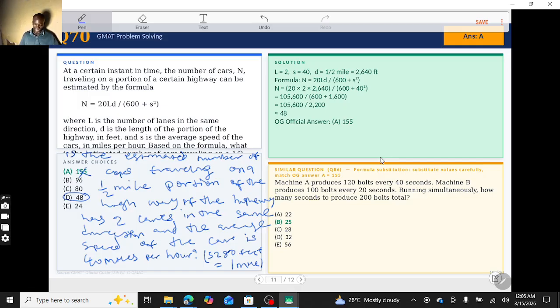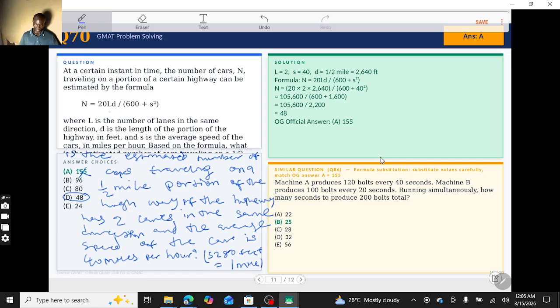Estimated number of cars traveling on a half-mile portion of a highway, if the highway has 2 lanes in the same direction, and the average speed of the car is 40 miles per hour. All we need to do is to input D here. So D is half a mile and the speed is 40.